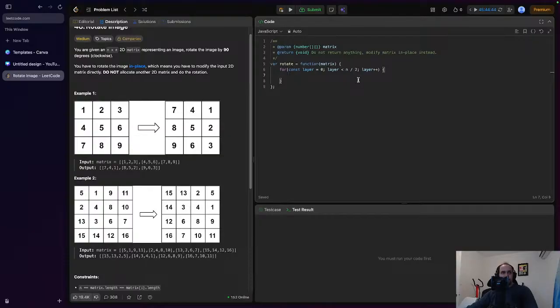And this is going to represent how we're working our way inwards. Starting at layer 0, the outer layer, and layer 1, the inner layer, and so on. So n is 4. When we hit 2, this will be 2, 2.5 will be 2. So we hit 3. Okay, this should be fine.